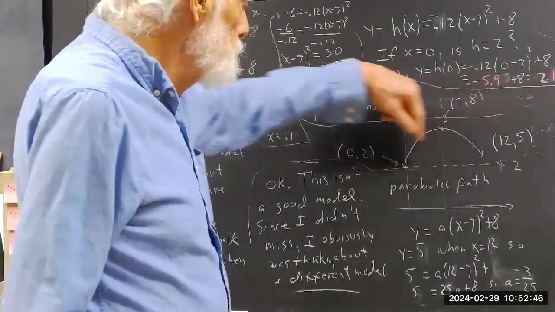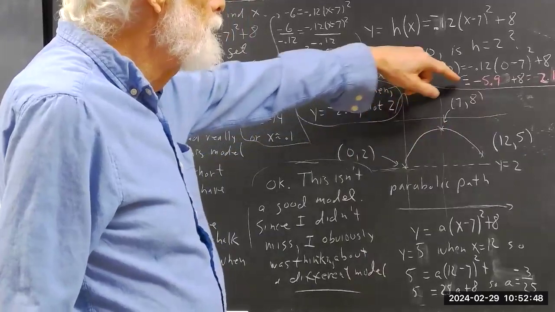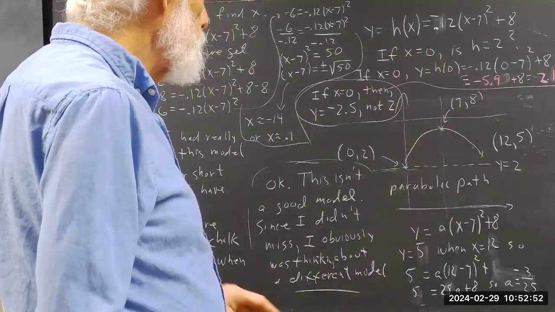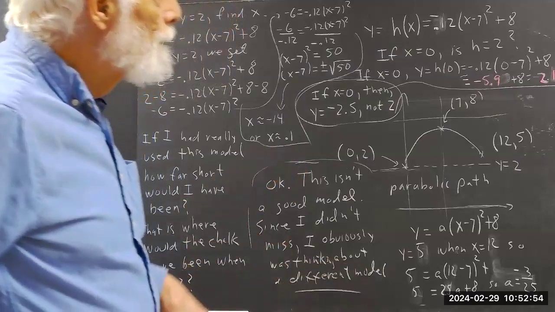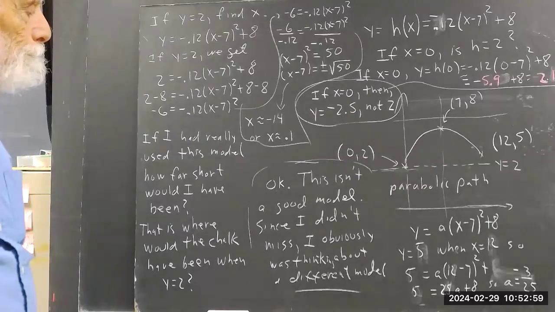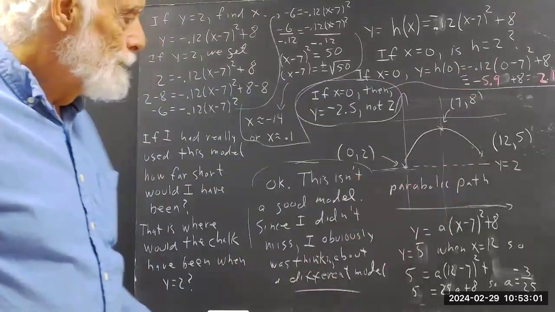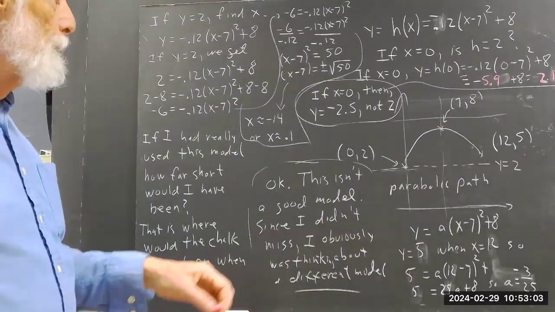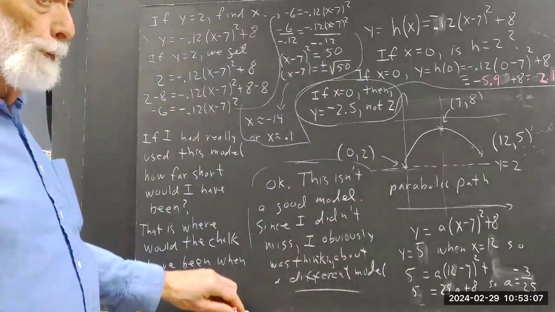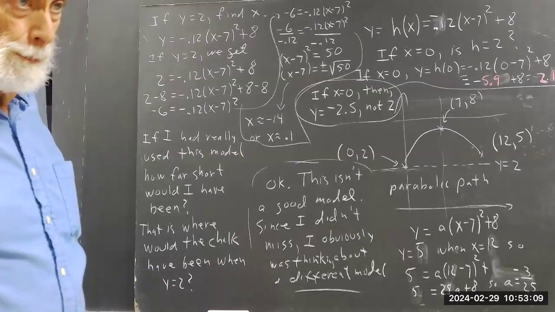So it should have been very close to 2 when I got here. So this was a good model. Okay, well, interpretation aside and arithmetic error aside, this illustrates a lot about how you can use a quadratic function in an application.